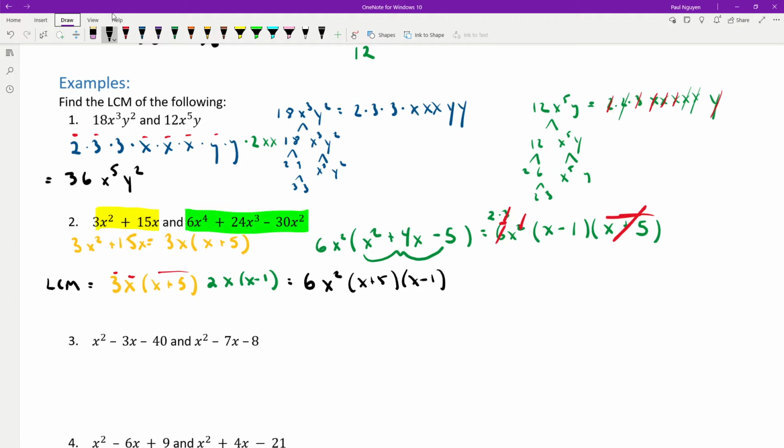Okay. Let's find the least common multiple between this expression and this expression. Well, first thing we have to do is factor. The blue expression factors. I need two numbers that multiply to negative 40 that add up to negative 3.